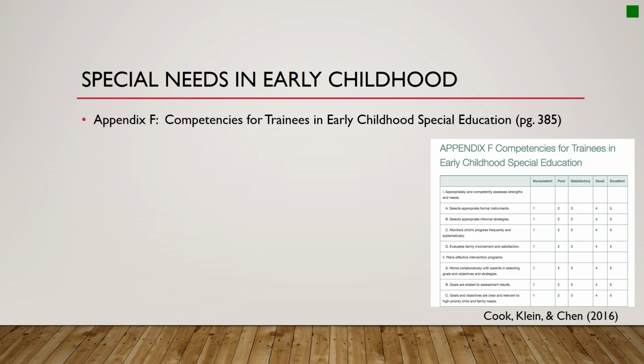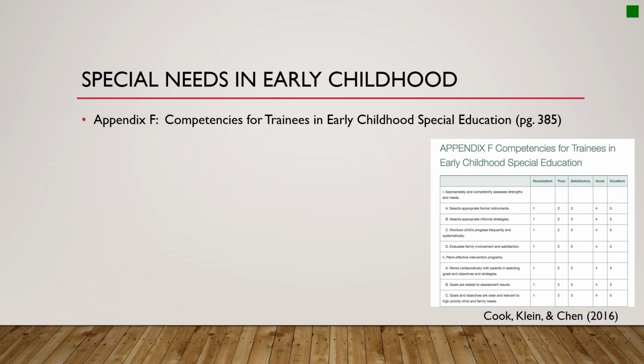Special needs in early childhood really focuses on giving students awareness of the types of competencies that are required for working with a child with special needs. And there's a really great reference for this on Appendix F in the textbook. And it specifically states the different competencies for early childhood special educators, which would be in more of an educational classroom setting.